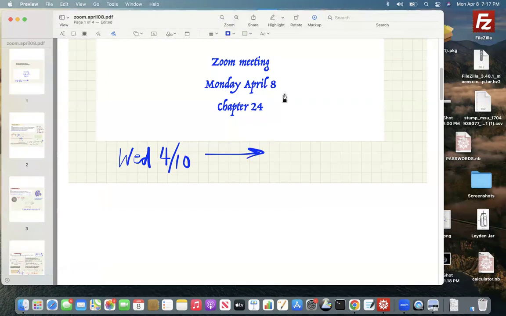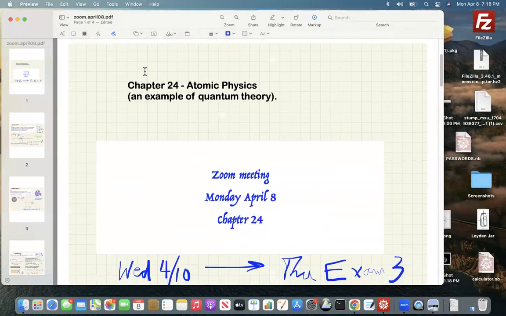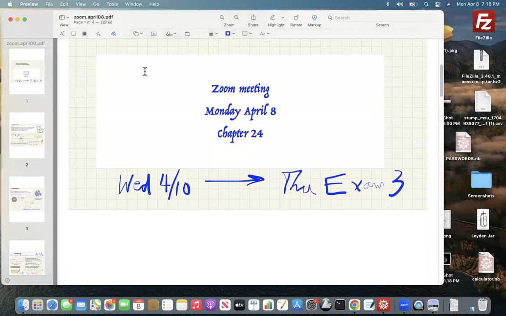And you've probably done a lot of the homework problems because it actually covers 2 chapters, the chapter on modern physics and the chapter on atomic physics. That then leads to the 3rd midterm exam the next day. So Thursday will be exam 3, which will cover these 2 chapters, 23 and 24, and the 2 previous chapters on optics.